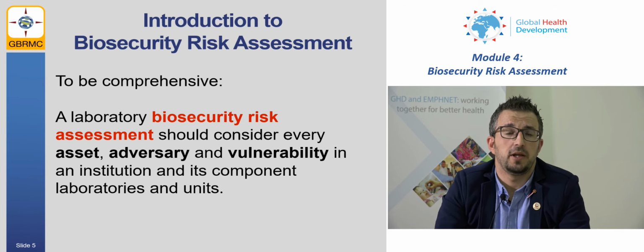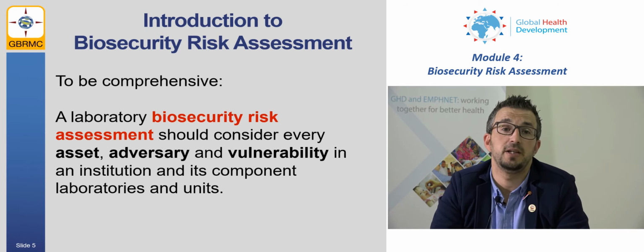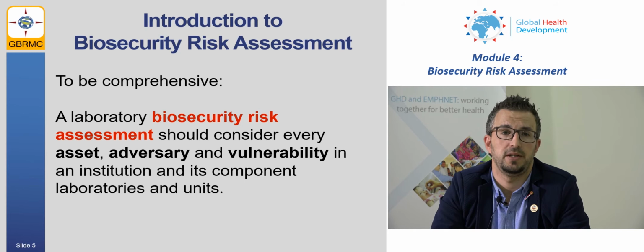When we talk about laboratory biosecurity assessment, we talk about characterization in three major components. First, the assets: what we have inside our institution, determined by material control and accountability, and what types of agents and toxins we have inside our laboratory.